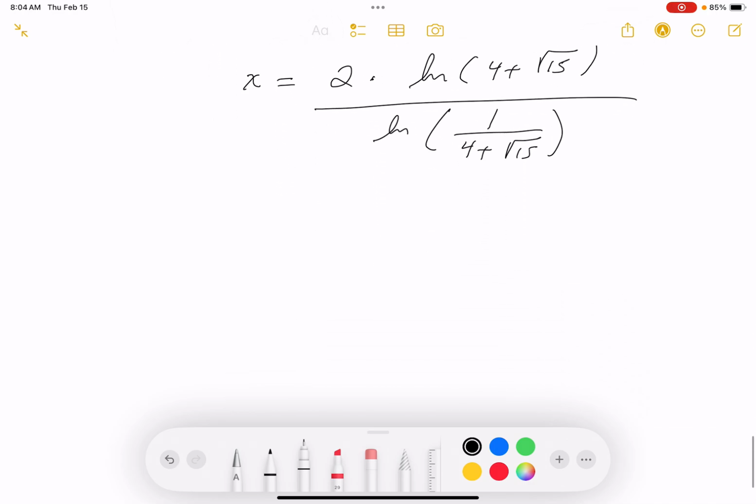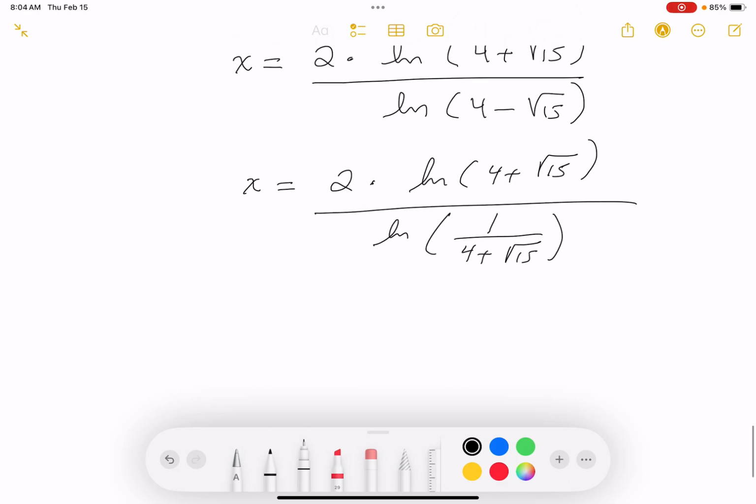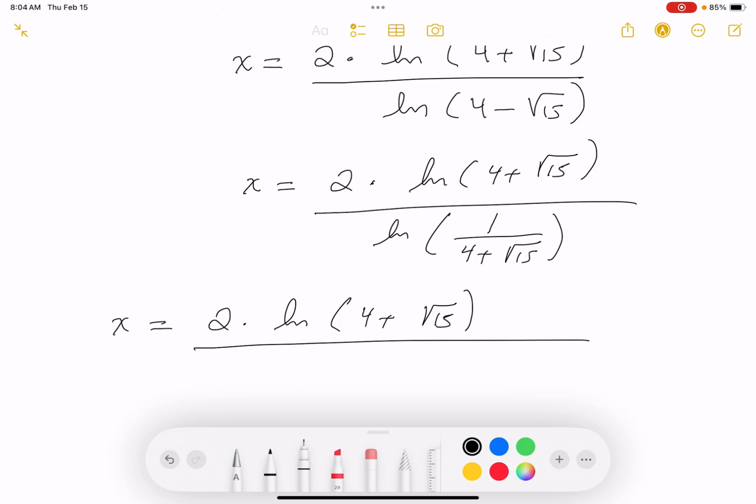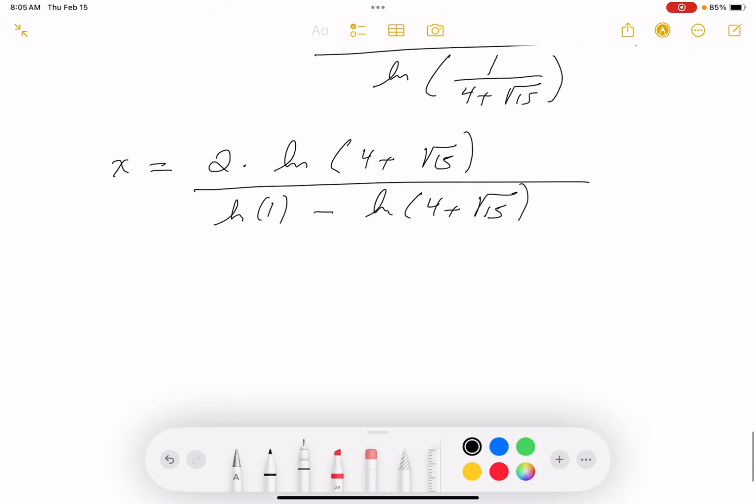All right, they're reciprocals. Let's keep going. X equals 2 natural log 4 plus root 15. I'm going to use rules of logs on the bottom. You get natural log of 1 minus the natural log of 4 plus root 15. What does that give me?